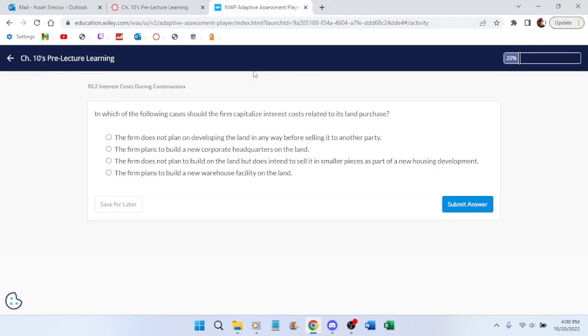In which of the following cases should the firm capitalize interest costs? It's whenever it will result in future benefits. Wait, let's see. Oh, wait, never mind. Interest costs.